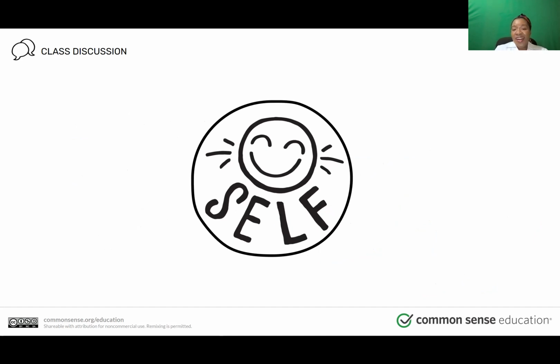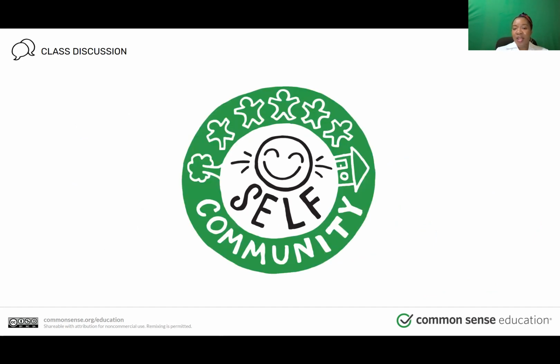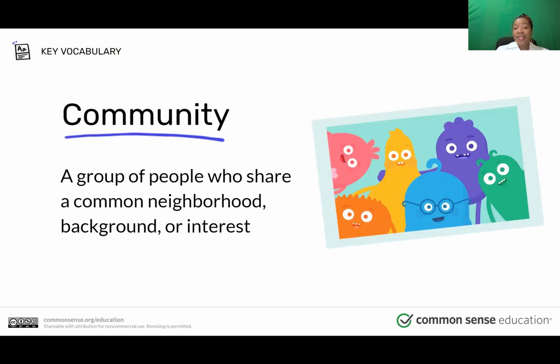So here you are. Myself, I'm in a little bubble right there, but around you are members of your community. And then you're going to see now that the meaning of the word community is a group of people who share a common neighborhood, background, or interest.